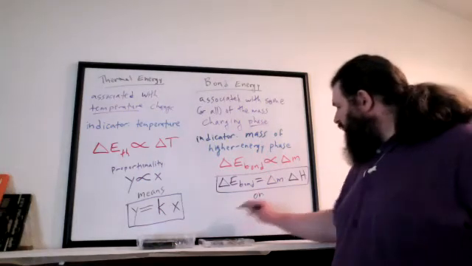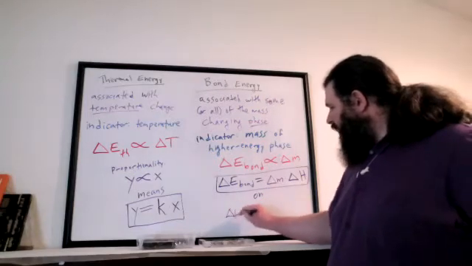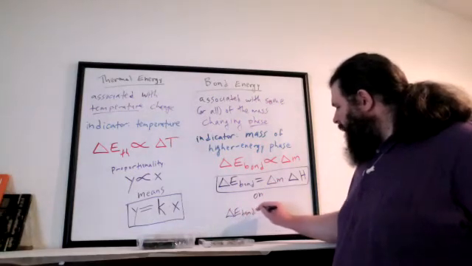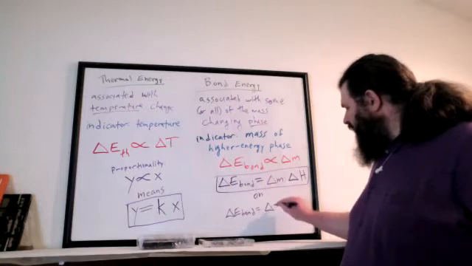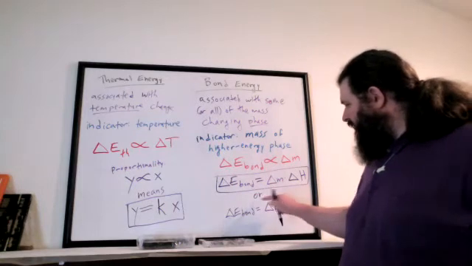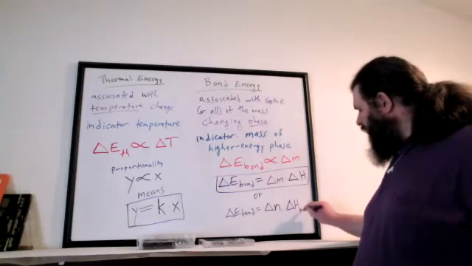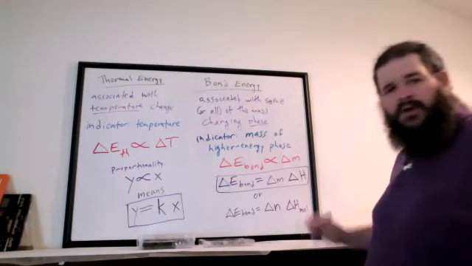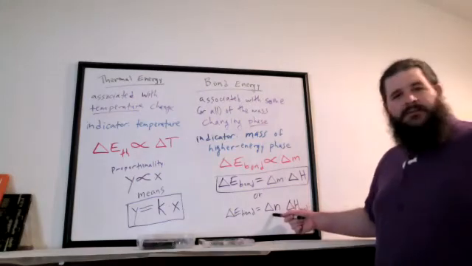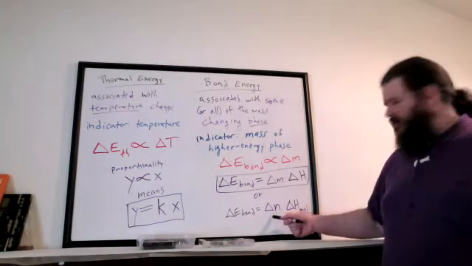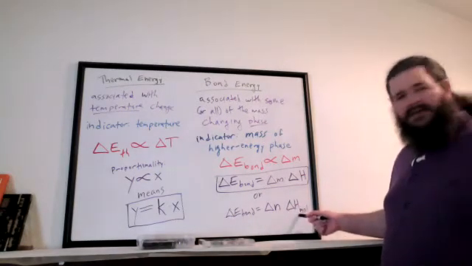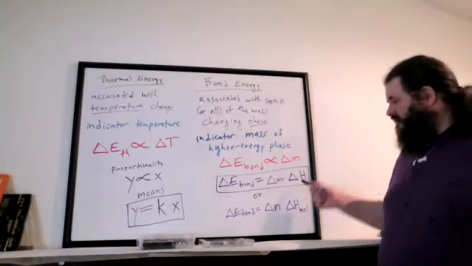So we could instead say delta E bond is change in number of moles, usually written as lowercase n, times delta H, the molar heat of vaporization, delta H mole. So this would be number of moles that are changing phase, times the energy per mole instead of energy per kilogram.